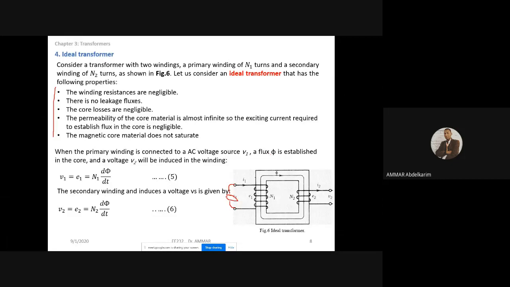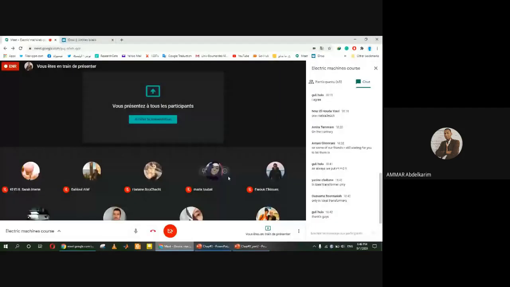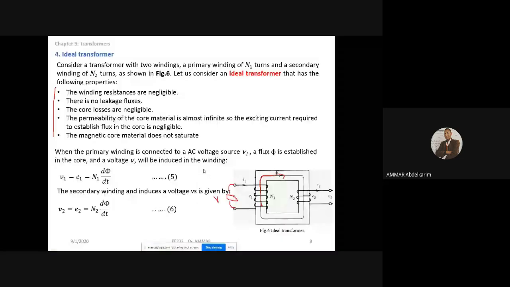The voltage of the source will create a flux in the core. Then this flux, phi, will induce a voltage in the secondary. This is the principle of operation of the transformer.